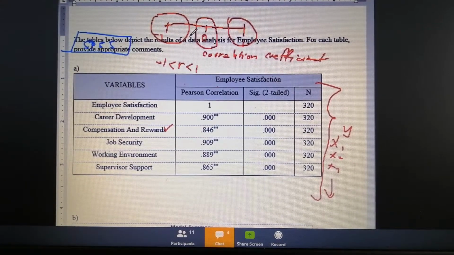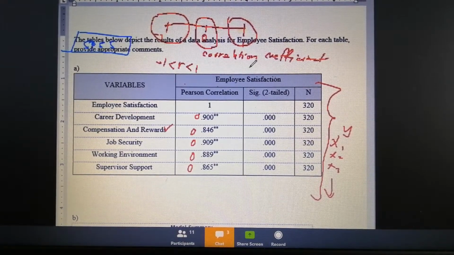As you can see here, in the data, the Pearson correlation is showing everything closer to 1. This is 0.865, this is 0.869, 0.909, this is 0.846, this is 0.9.